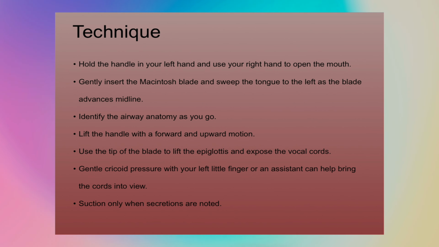You should identify the airway anatomy as you go. Ideally, you want to identify all of the airway structures around the glottic opening so you're 100% positive of where the ET tube is being placed. In an urgent intubation, it's very easy for us to insert the blade too deep and be unable to identify any anatomy because we've inserted the blade so deep that we're really just looking at the posterior oropharynx or down into the esophagus.